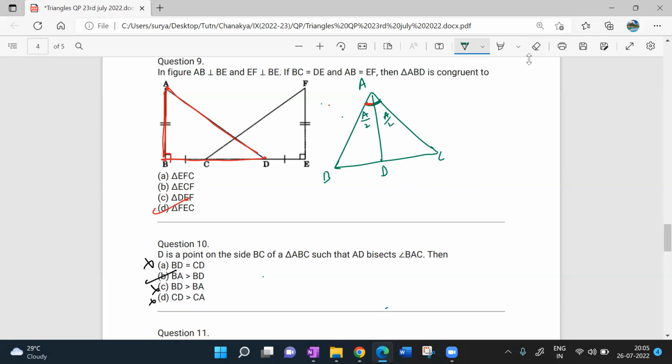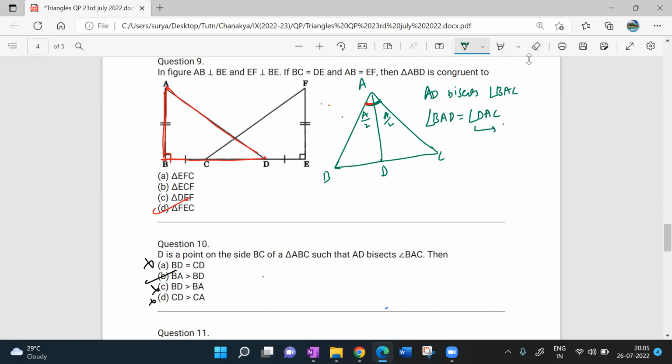Now, AD is bisecting what here? AD bisects angle BAC. Now it is dividing into equal parts. AD bisecting BAC is nothing but, can I write, BAD is equal to DAC? Do you agree with my point now?